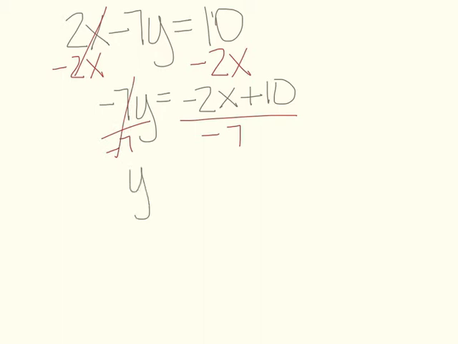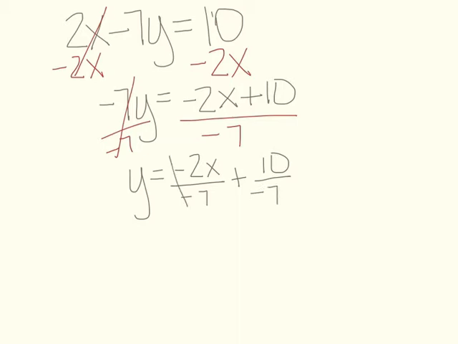So we have y equals, and I can write this as a big old jumbo fraction like this, or I can break it apart. I'm going to break it apart just because I can. So we're going to say negative 2x over negative 7 plus 10 over a negative 7.